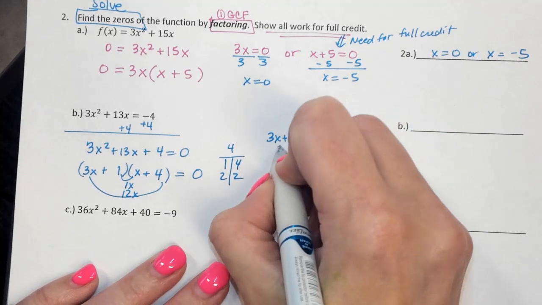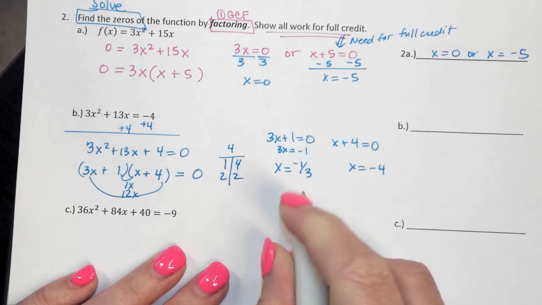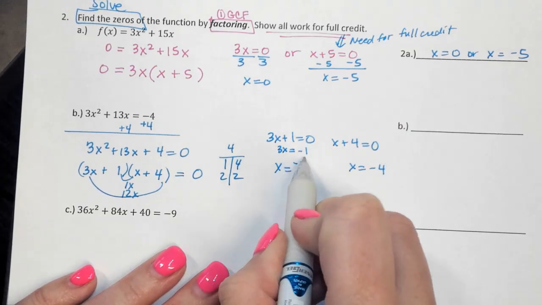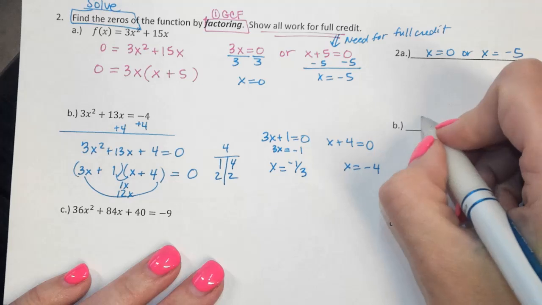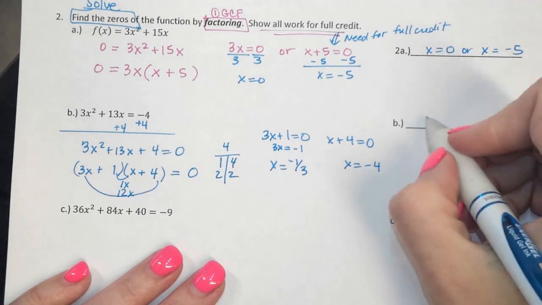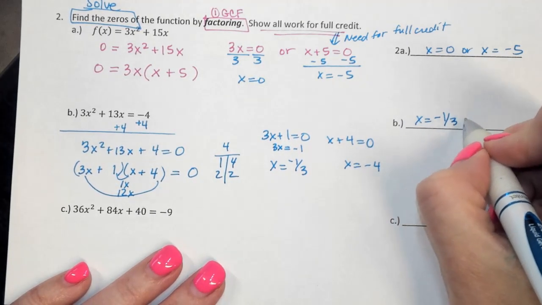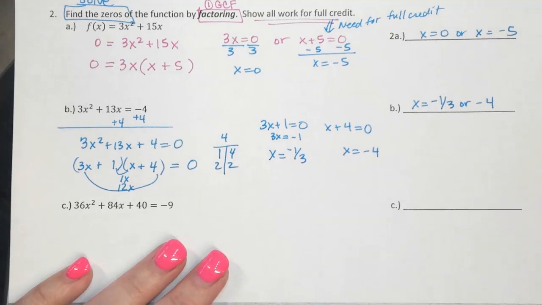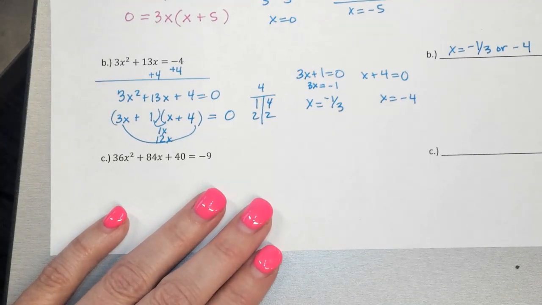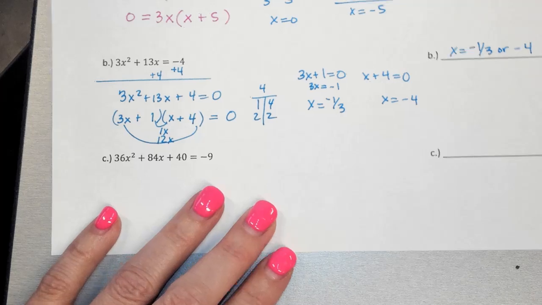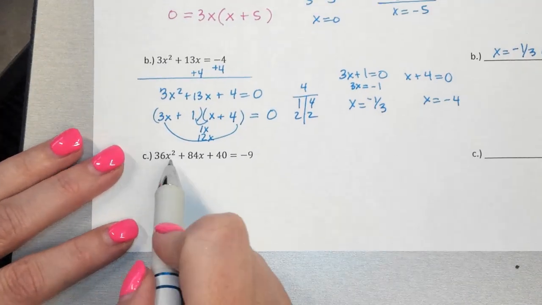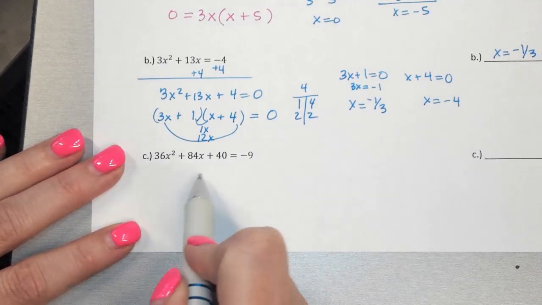And then again, if you know yourself, right? If you need to write out those steps, please do that. And then you write your final answer on the line. X is negative 1/3 or negative 4. Okay, either order.